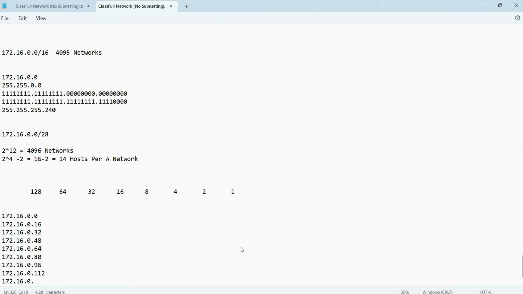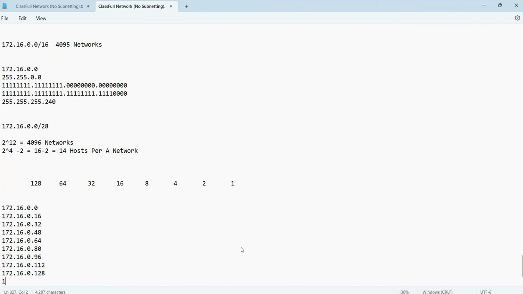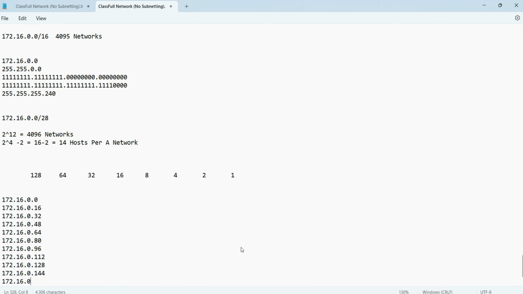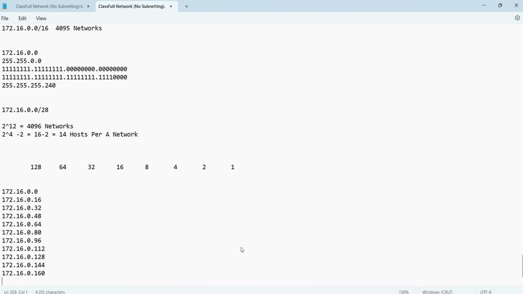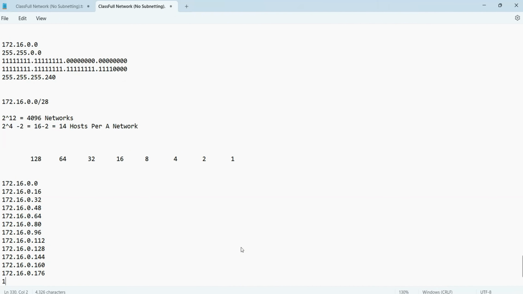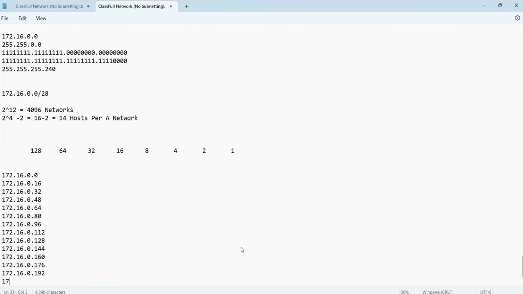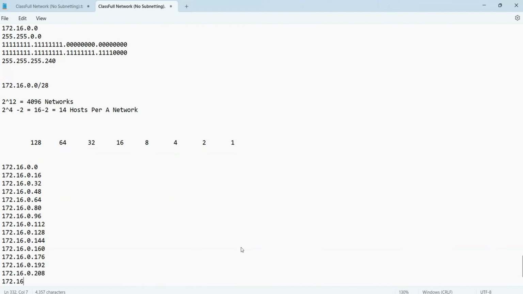I'm doing good so far. You know why? I got the 128. That means I'm not messing around over here with the calculation. 0 dot what? 144. These are different networks, folks. 160, 176, 192. And 16 is what? 208. And 16 is what? 224.